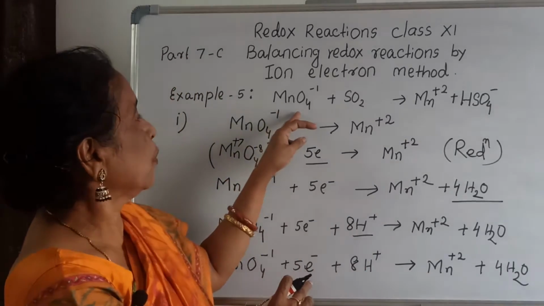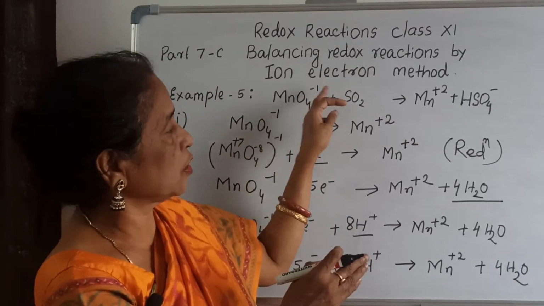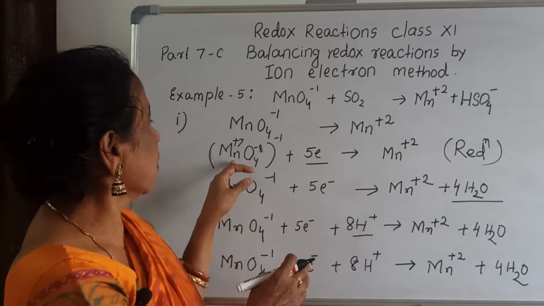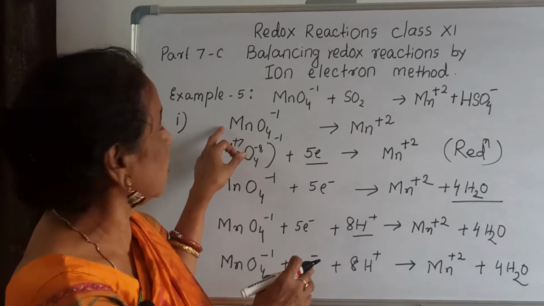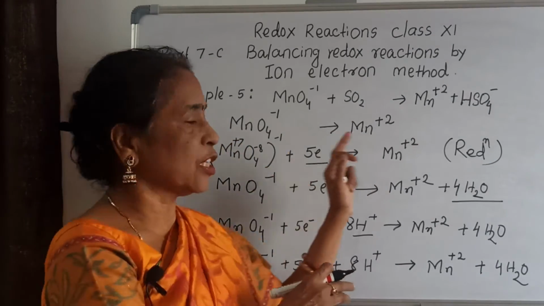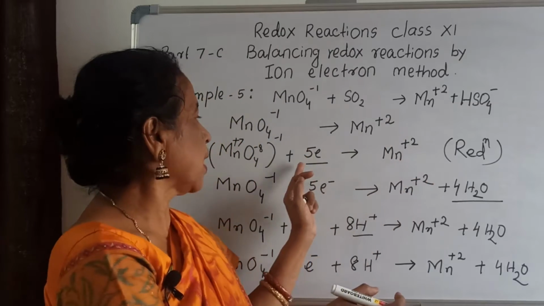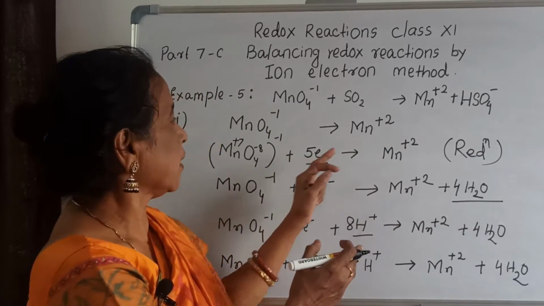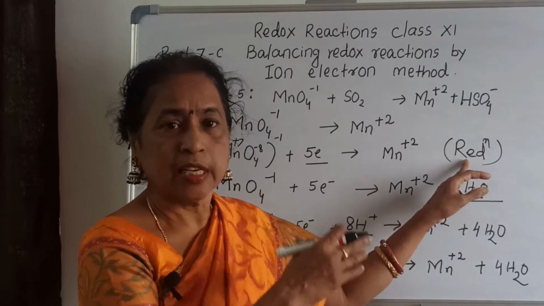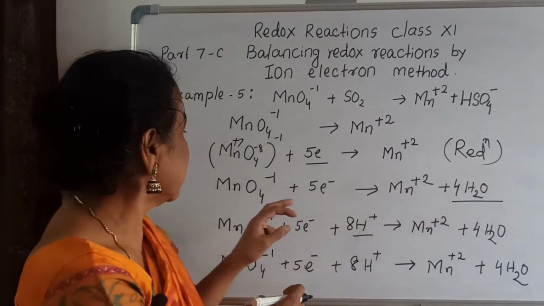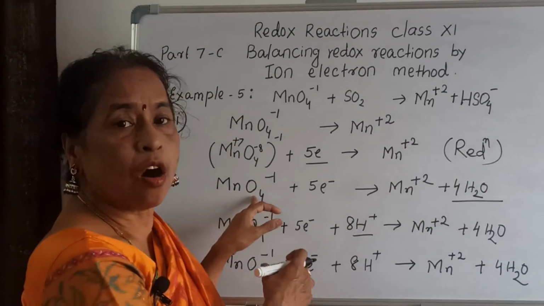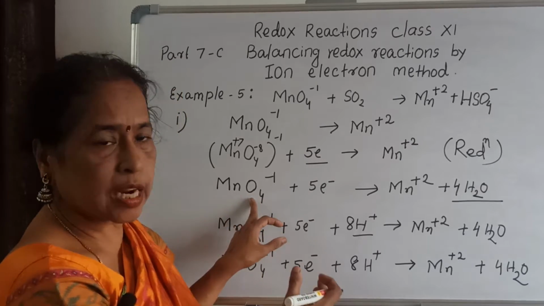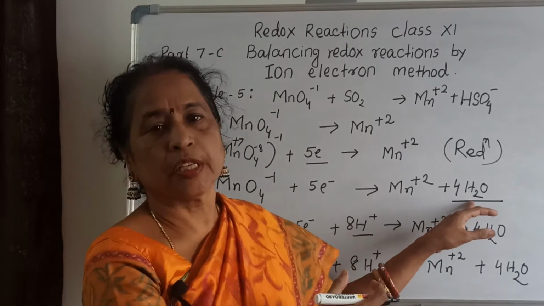Again see, the permanganate ion MnO4 minus 1 changes to Mn plus 2, where the oxidation number involved is plus 7, plus 7 changes to plus 2, that is why 5 electrons are added, and that is an example of a redox reaction. This half reaction is a redox reaction, and after that we see the oxygen atoms. Since 4 oxygen atoms are there, I put 4 water here.